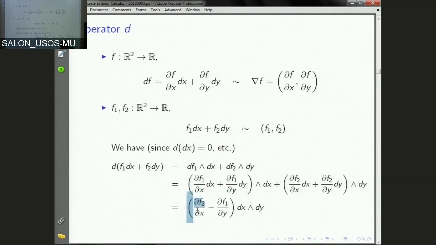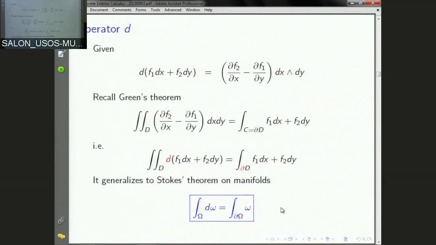So I get this expression. Now this expression is not totally arbitrary. This whole thing is motivated, is the necessary way of doing things, because of Green's theorem, for instance.